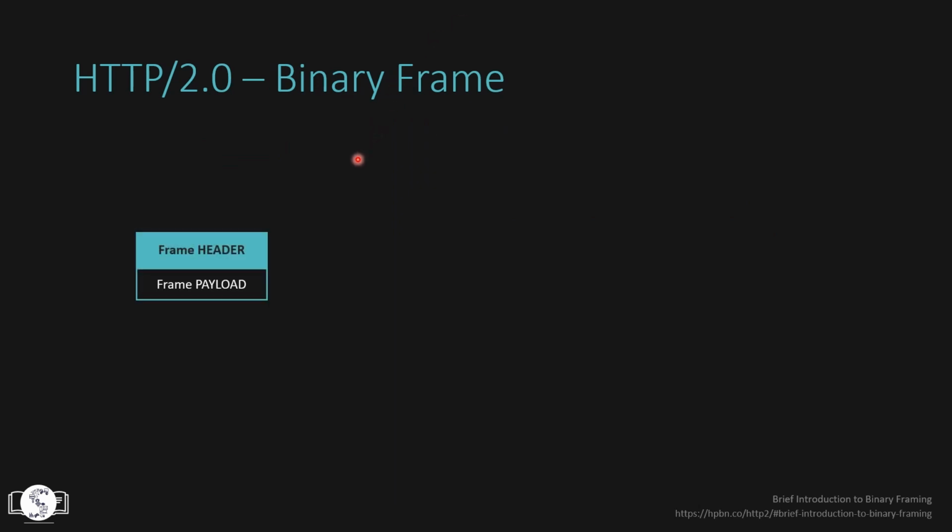One binary frame contains a frame header and the frame payload. The payload of the frame depends on the frame type. For example, I have a frame with the type HEADERS, which contains the HTTP header information that we are already familiar with.